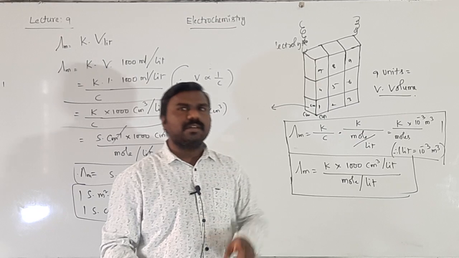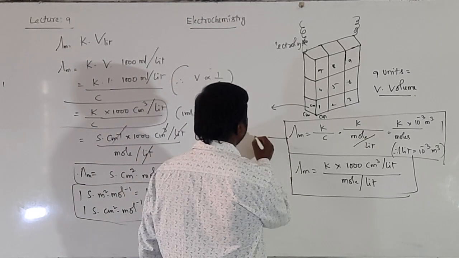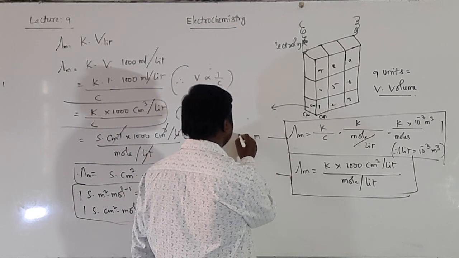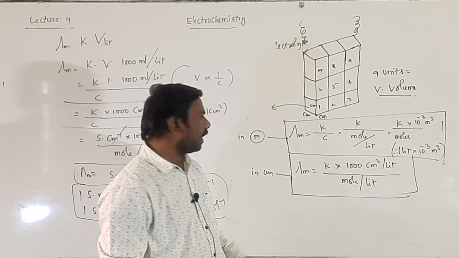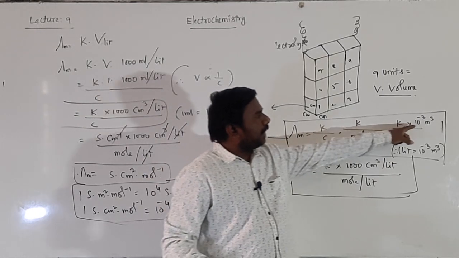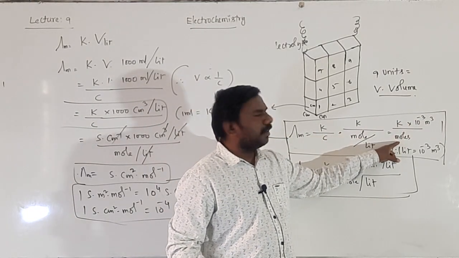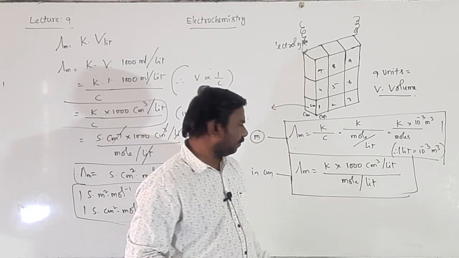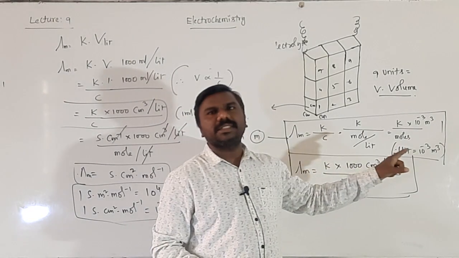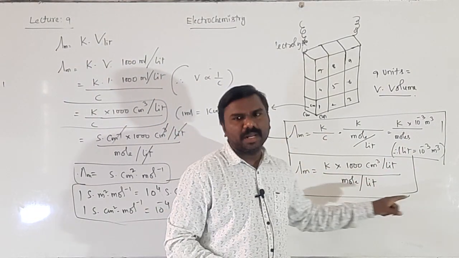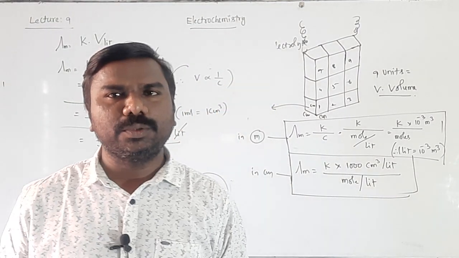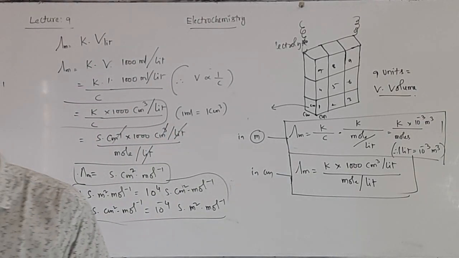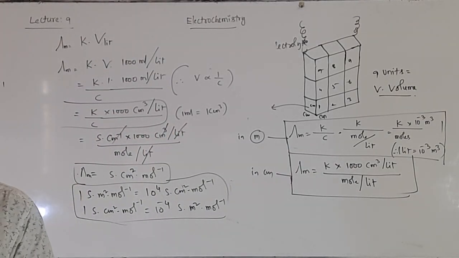So you have to observe clearly, it is for in meters, it is in centimeters. Lambda m in meters: K into 10 to the power of minus 3 meter cube by moles, nothing but concentration. In centimeters: K into 1000 centimeter cube per liter by mole per liter, that is in centimeter square. Formula is very, very important to solve problems. Getting all of you? Yes, it is specific conductance.